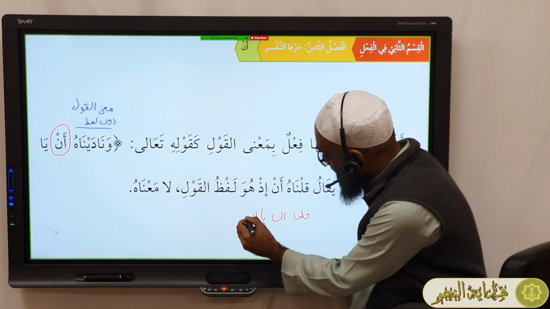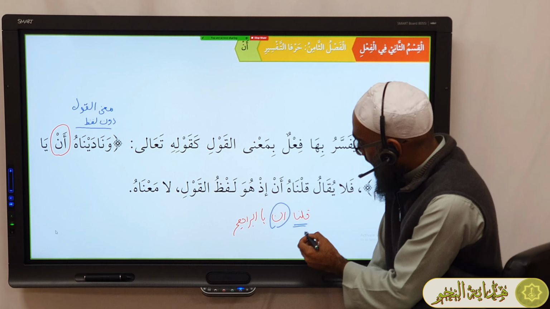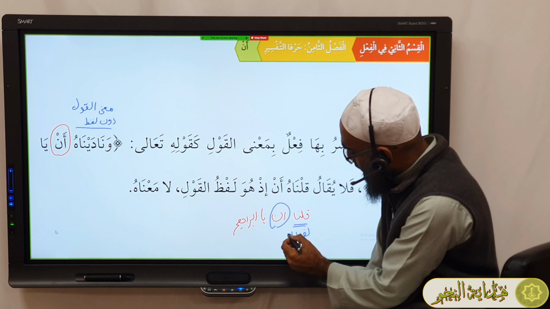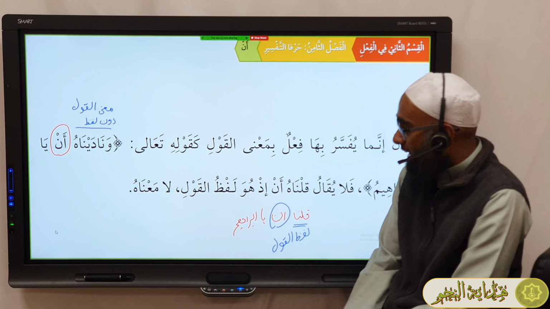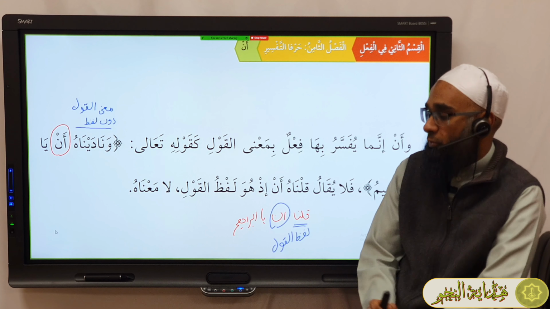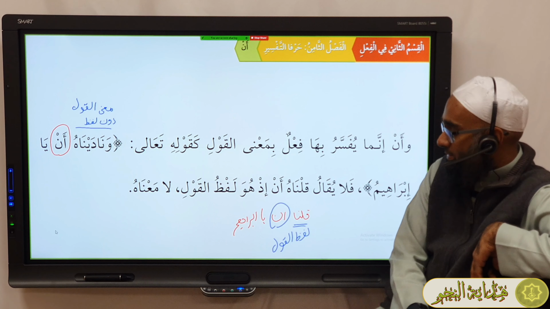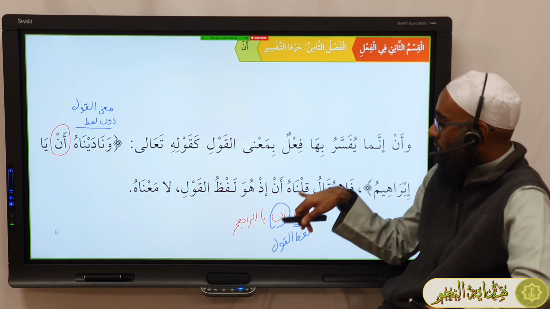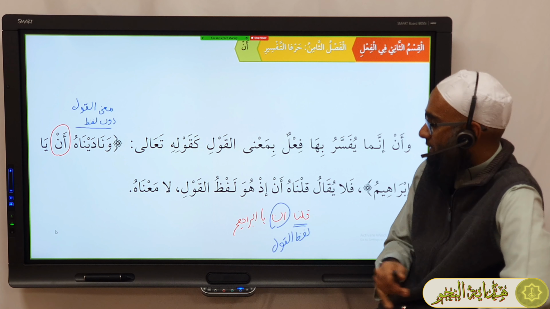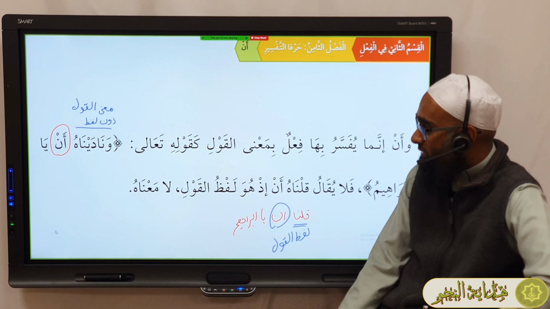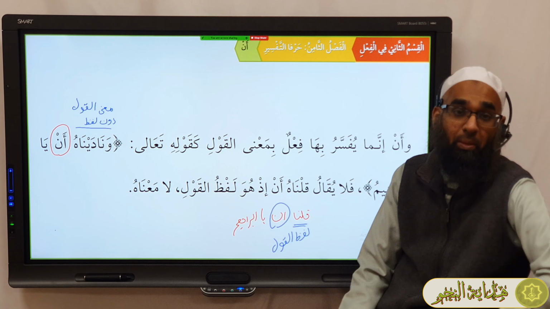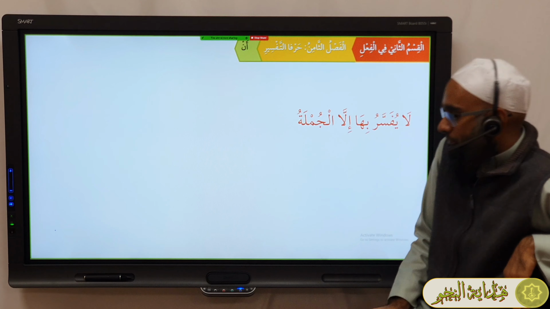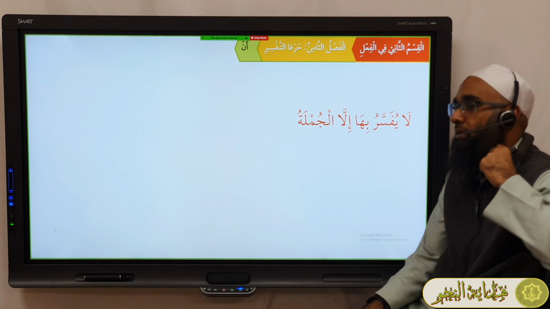We can't say this. Why? Because qulna is actually lafzul qawl. So the word qawl does not have the an masdariyah after it. Understood? So فَلَا يُقَالُ قُلْنَاهُ أَن. We can't say قُلْنَاهُ أَن ya Ibrahim, since the word qala is actually qawl, not the meaning of qawl. Understood?